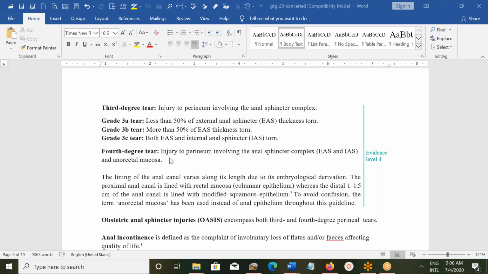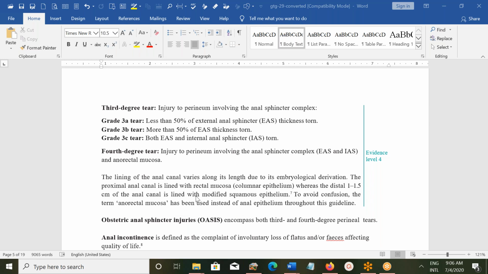In the fourth degree tear, there is injury to the perineum involving the anal sphincter complex, which means the external anal sphincter, internal anal sphincter, and anorectal mucosa.